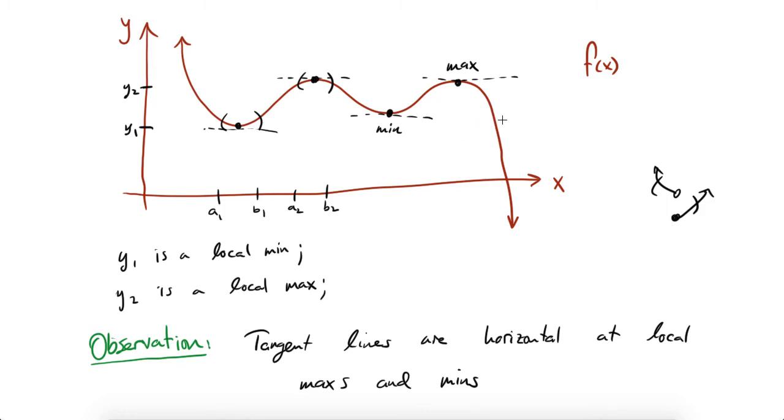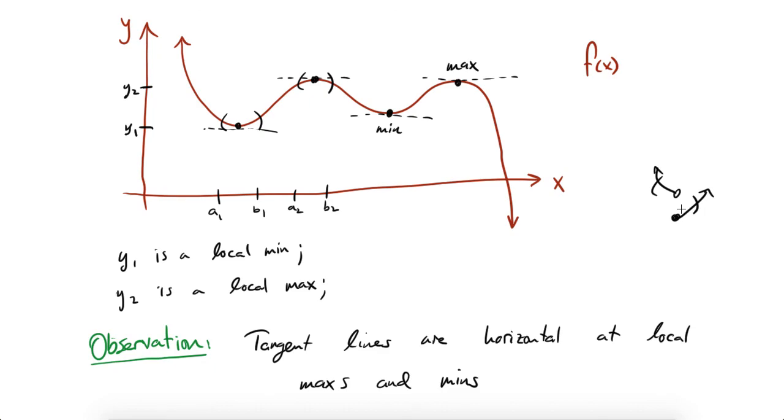But if you've got a continuous piece of function, your tangent lines are horizontal. But it's also possible that you have a tangent line that doesn't exist because you've got a discontinuity, which wasn't pictured in this graph, but is also possible. So it turns out that places where the tangent line is horizontal, or places where the derivative is undefined, those have a special name, which we'll get to in the next video.